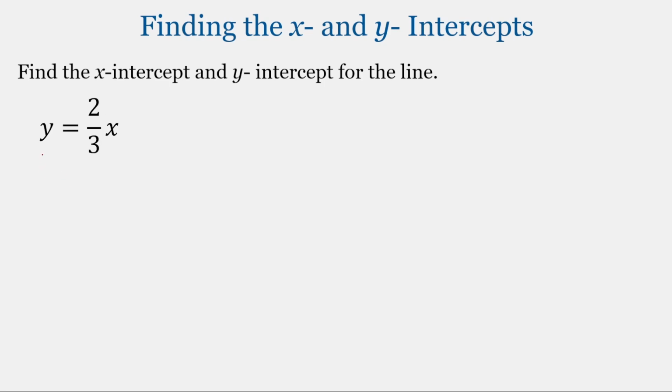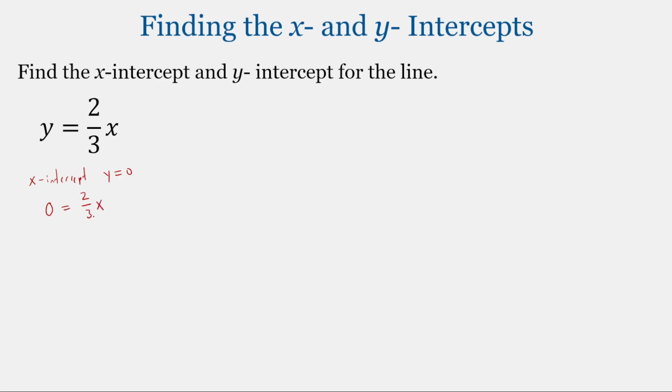We'll try another one. Here we have the equation y equal to 2/3 x. So to find the x-intercept, the y value will be equal to 0. So wherever there is a y in the equation, we'll replace it with a 0. So we have 0 equal to 2/3 x.